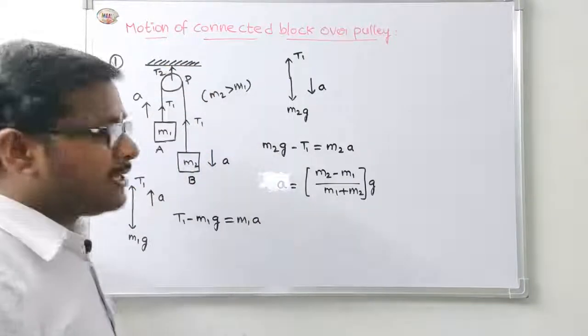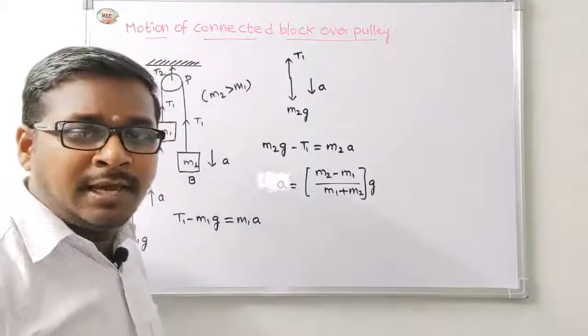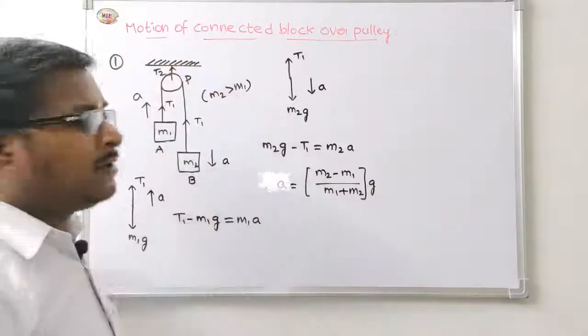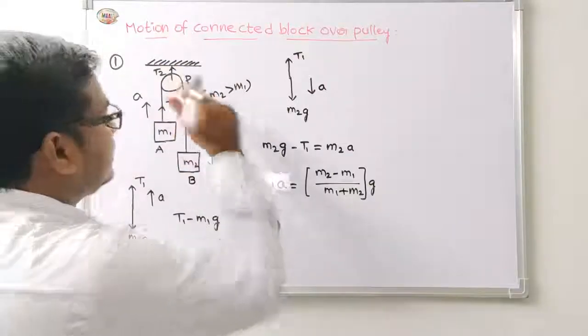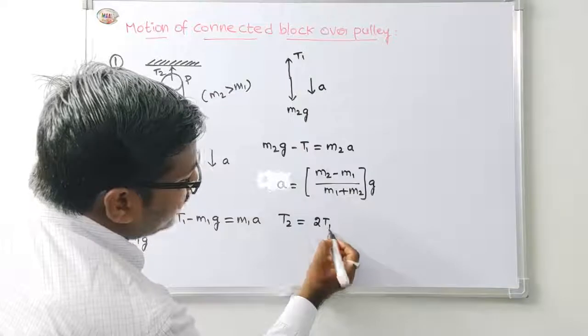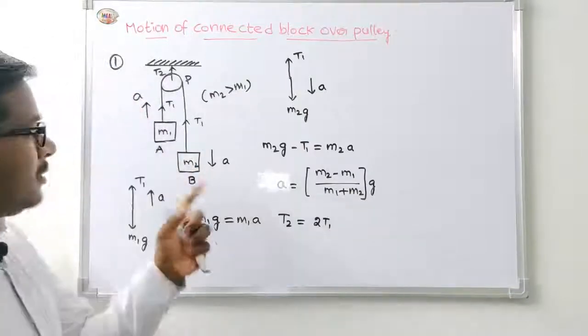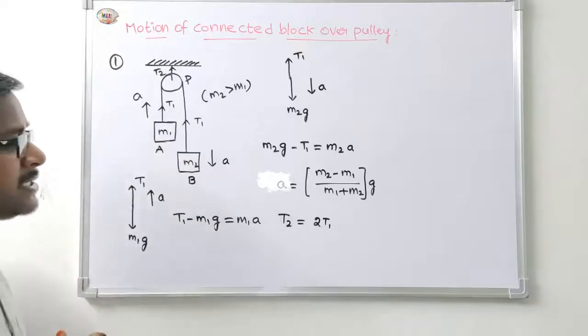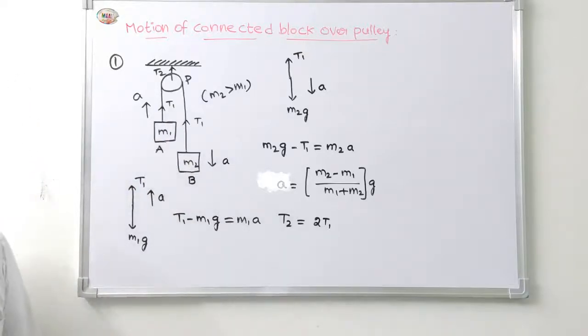One end of the string is connected to the pulley, and the other end of the string is connected to the support. T2 is equal to 2 into T1, that is T1 plus T1, 2T1.